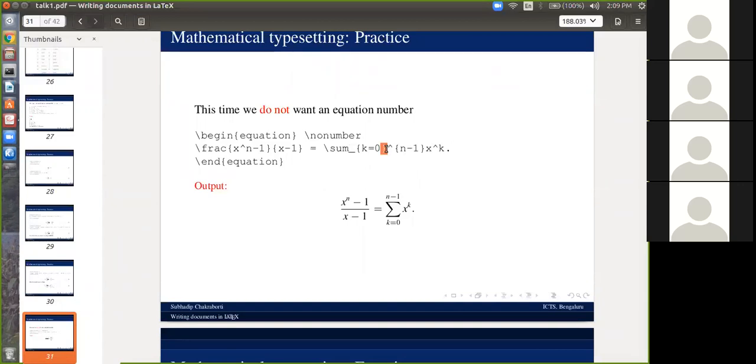Okay, so the effectiveness of the subscript ends here, and the effectiveness of the superscript ends here. After that, it will take ordinary thing. So x to the power k will appear as ordinary x to the power k.